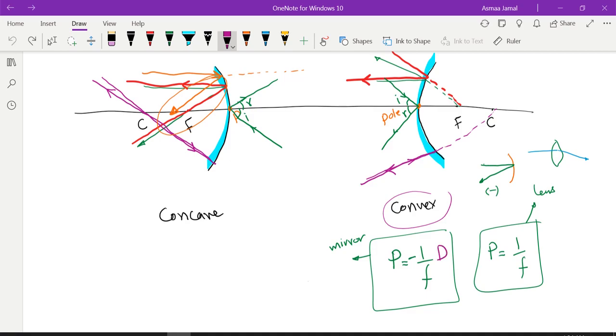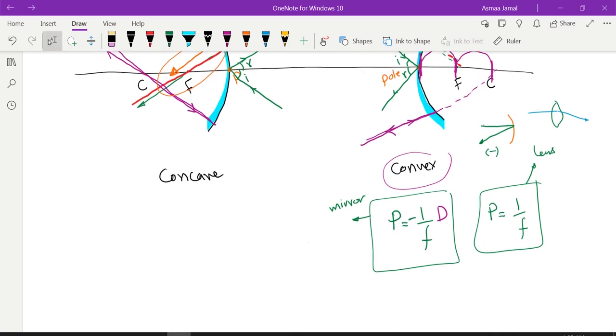If you notice, the distance from the center of curvature for this mirror to the focus point is the same as the distance between the focus point and the pole, which means this one equals this one. So the radius of curvature for the mirror equals twice the focal length. That immediately means the focal length equals half the radius of curvature.